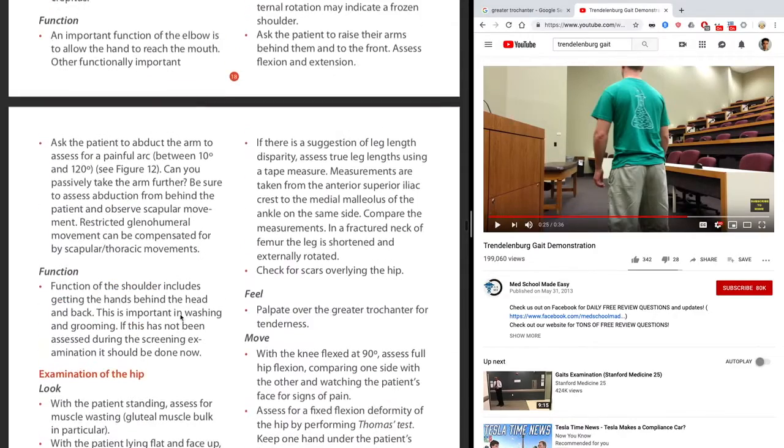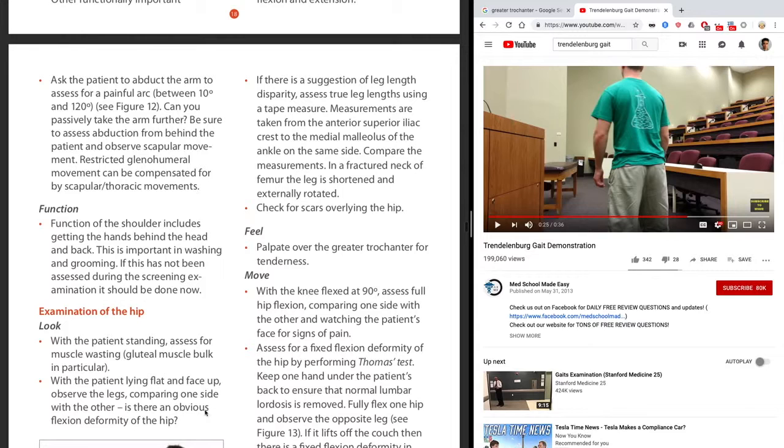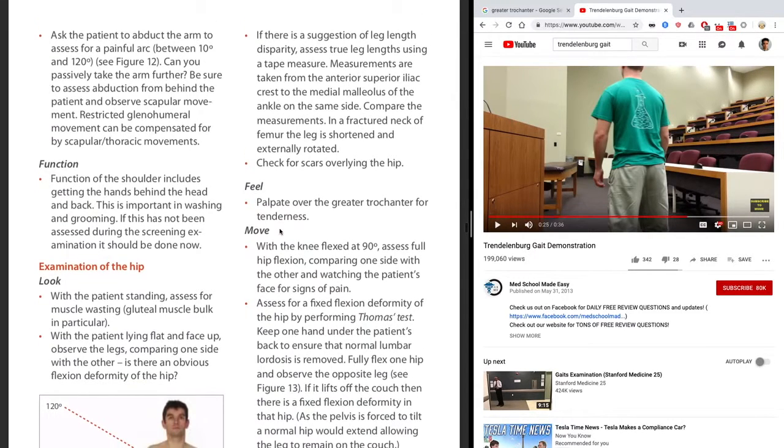And then you're going to ask them to lie down, and see if there's any obvious flexion deformity or obvious difference in the length of the legs or externally rotated leg, which might indicate a fractured neck of femur. And then you're going to measure the true length of the leg, from the anterior superior iliac spine to the medial malleolus of the same leg, comparing both legs.